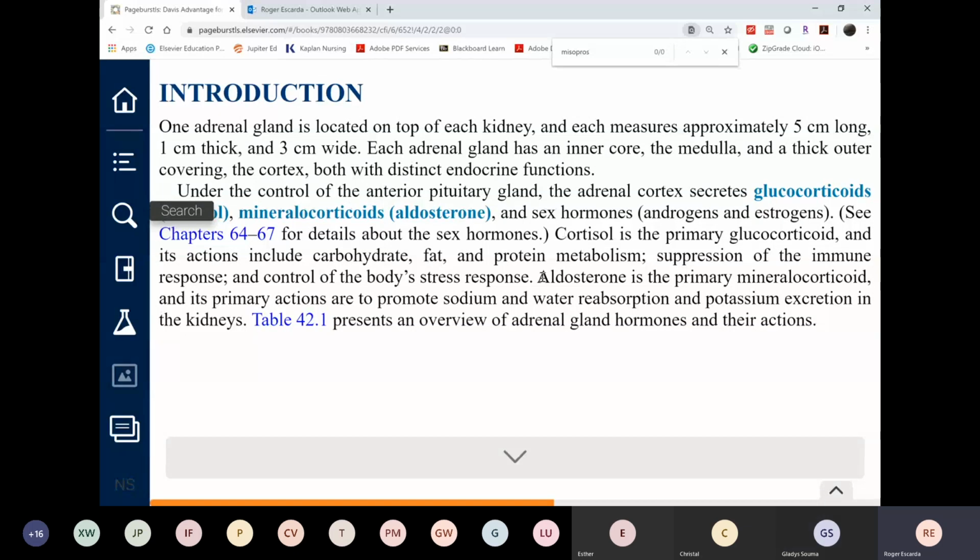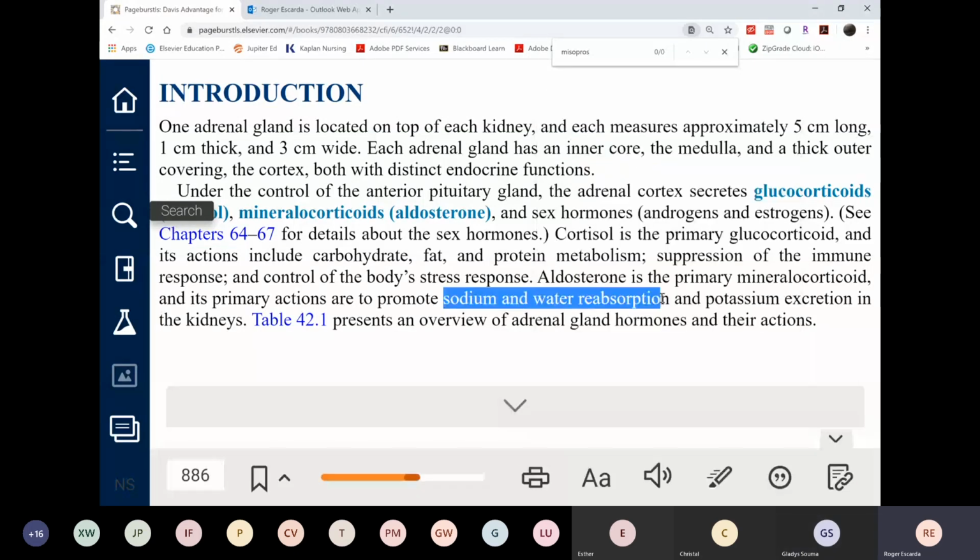And with aldosterone, aldosterone affects two things. It acts on sodium and also water reabsorption. So what will happen if it is low? You're losing sodium, you're losing water. So your blood volume drops, blood pressure drops.